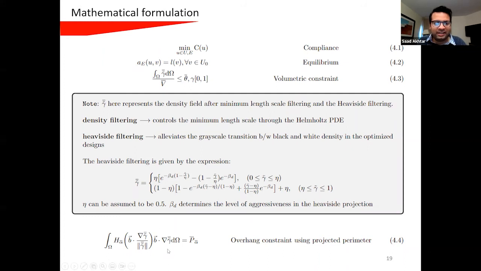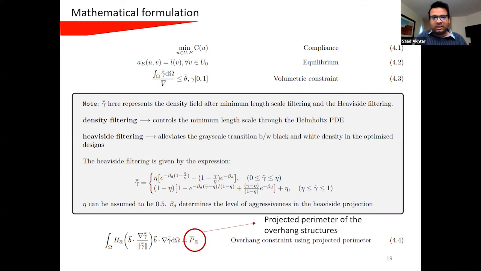The expression on the left is the heaviside projection on the build plate of the projected angle of the overhang material. That was a very intuitive way of incorporating the projected perimeter constraint within the topology optimization and also controlling the overhang channels.